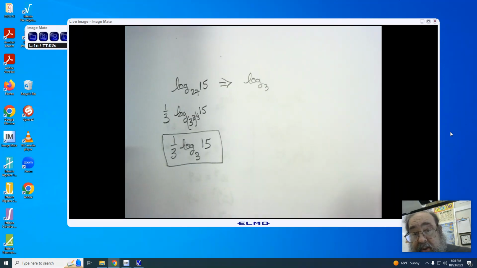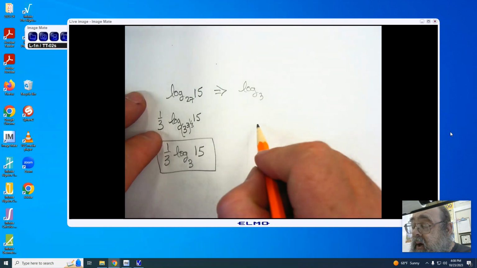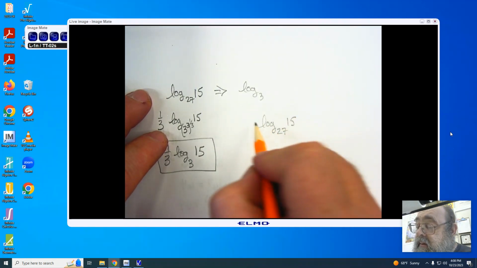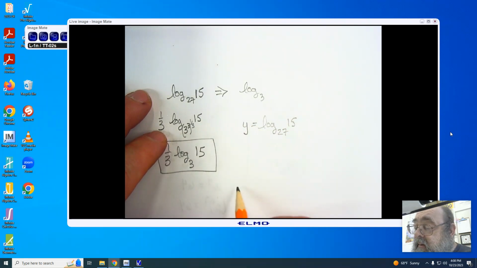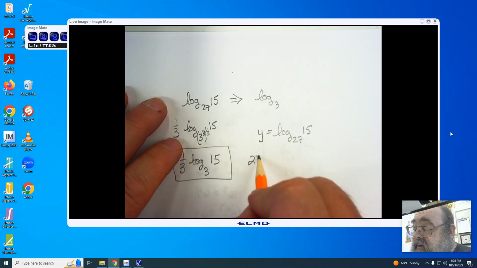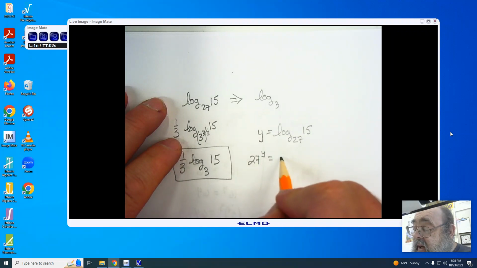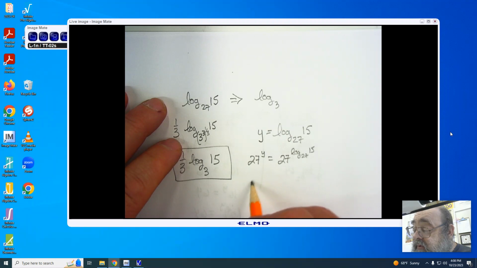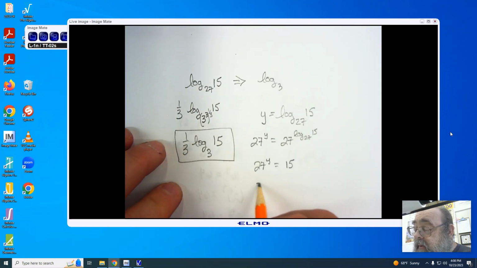Now, for those of you who want to go through it the longer way, let's take a look. We start with log base 27 of 15. Set it equal to y. Exponentiate both sides: 27 to the y equals 27 to the log base 27 of 15. I now have 27 to the y is equal to 15. 3 to the third power, which is 27, to the power of y is 15.